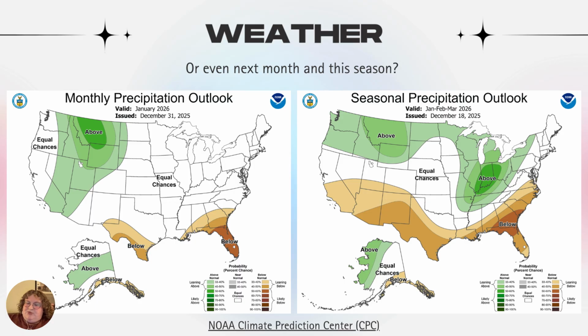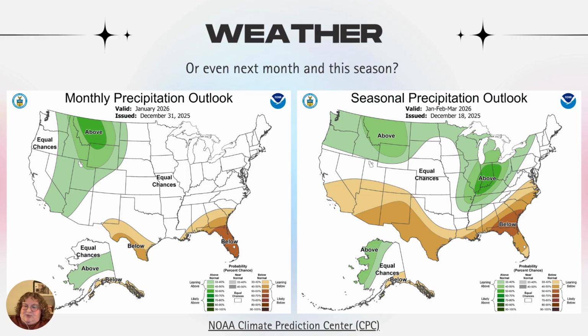These maps are from the Climate Prediction Center, which is an arm of the National Weather Service. They show forecast chances for above or below normal precipitation, and temperature as well, but that's not what we have plotted here.